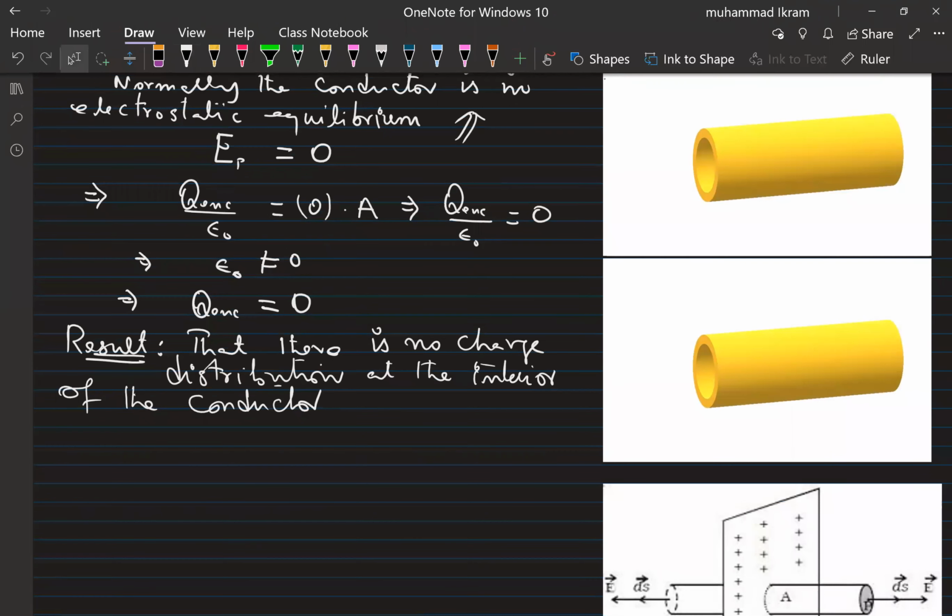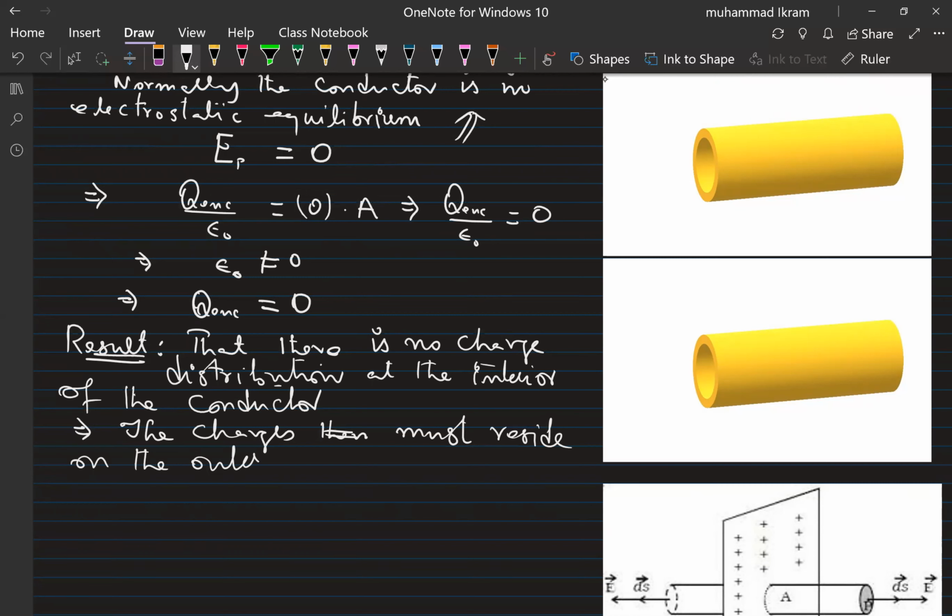Furthermore, what can we write as the result? This means that the charges must reside on the outer surface of the conductor.